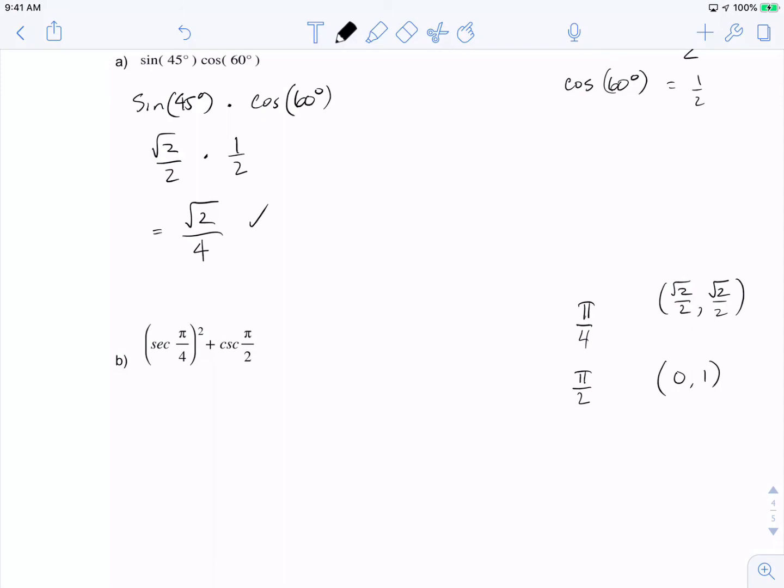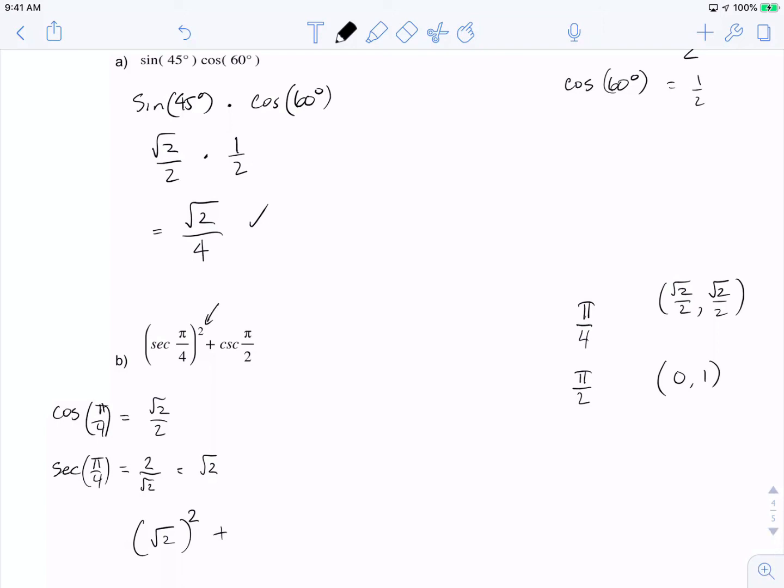So since it's the reciprocal of cosine, cosine of pi over 4 would be radical 2 over 2. So then secant of pi over 4 is going to be 2 over radical 2. But again, we know we don't want that, and so we're going to end up with radical 2 as our answer. So we've got that piece, so it's going to be radical 2, but that whole quantity is going to be squared because we have a square there.